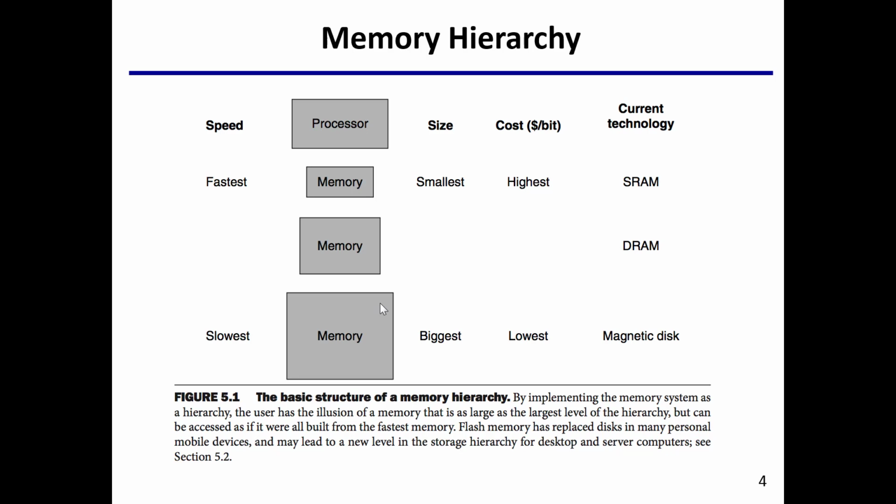So don't get too caught up in memory technology or even the price of memory technology. It's a fundamental law that the bigger the capacity of a memory, the slower it is, and that applies to everything. One example he might have covered in the last lecture is your desk. If you have a bunch of papers on it, those are the papers you're actively using, and it's very quick to get to them, but your desk has a small capacity.